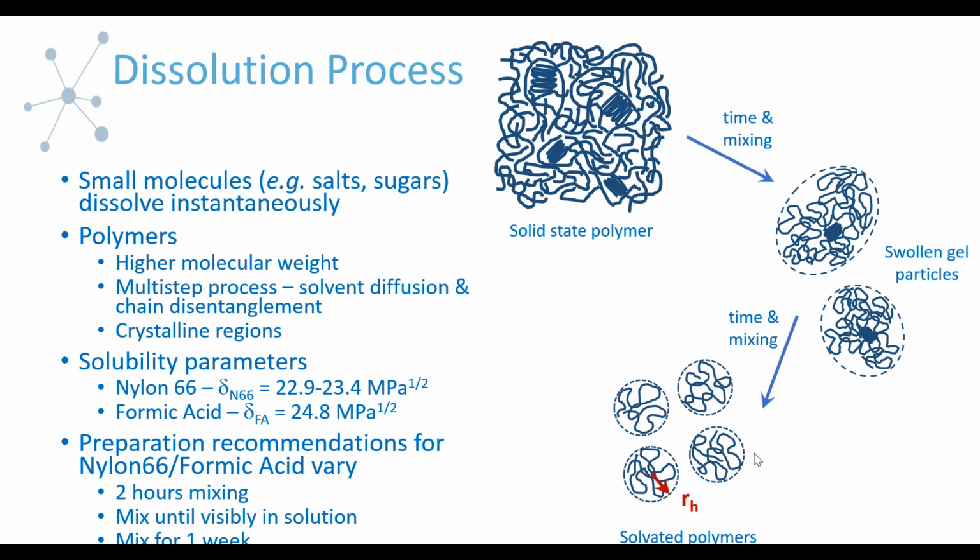I've drawn one of the potential middle steps, where you have some swollen gel-like particles. You've started to break apart the bigger solid structure. They've started to swell, but they're not yet individual solvated polymers. Of course, this is going to be a continuum until you reach the final state. You're going to have a distribution of these, what I call gel particles, in a distribution of sizes, and ultimately you'll have a mixture of these and individual polymers.